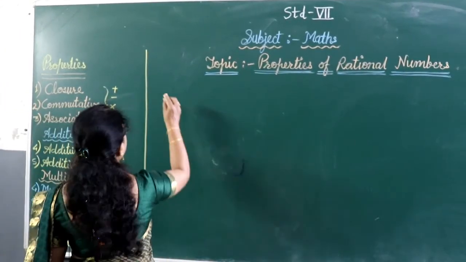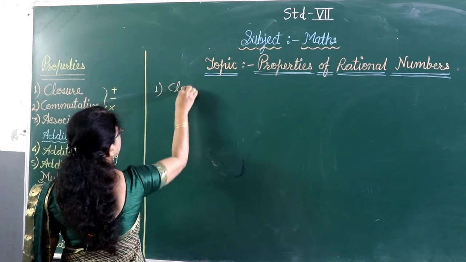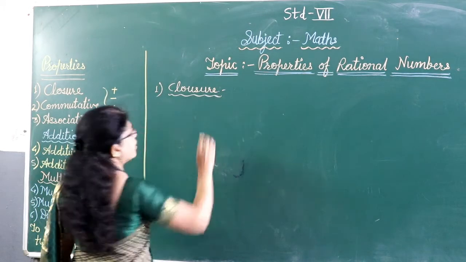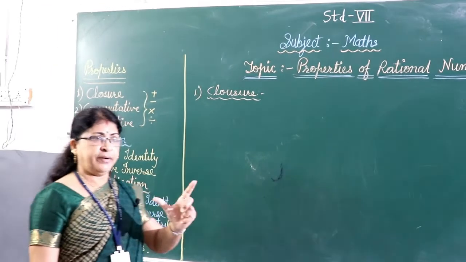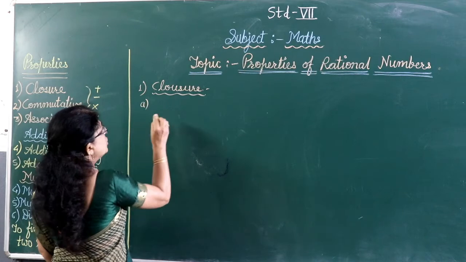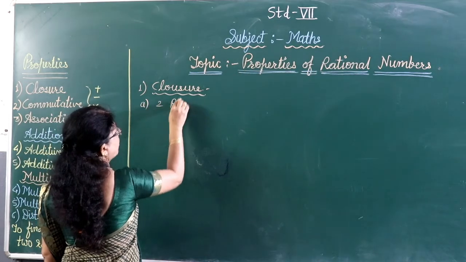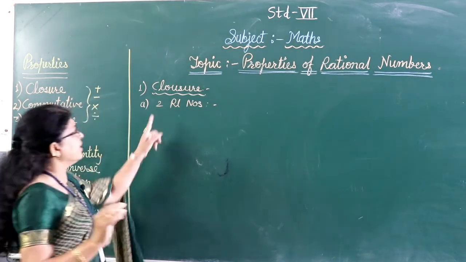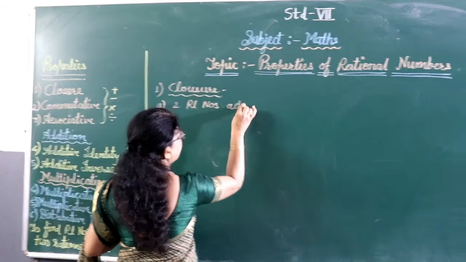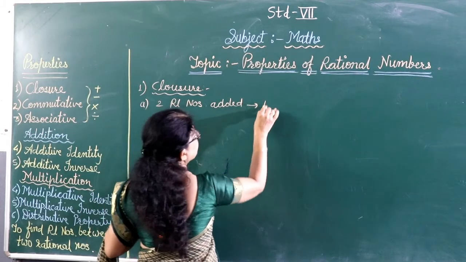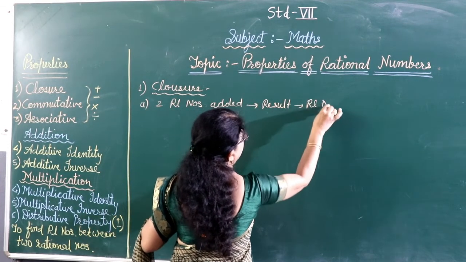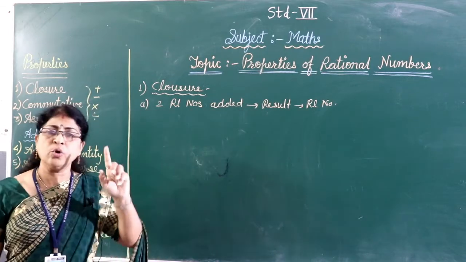First let's come to the closure property. Now what is the closure property? When two rational numbers, and I am writing rational numbers in short, are added and the result is also a rational number, then it is called the closure property.